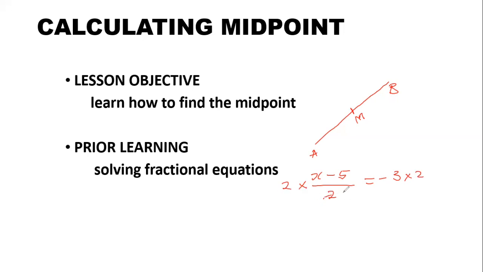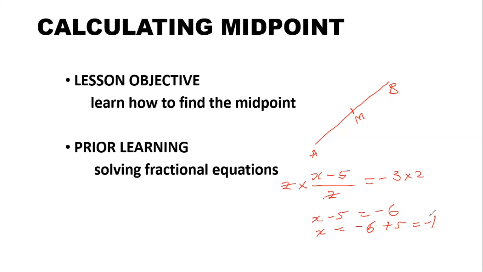So this cancels out and becomes x minus 5 equal to -6. To make x the subject, then I send -5 across the equal sign. It becomes x equal to -6 plus 5, which is equal to -1.